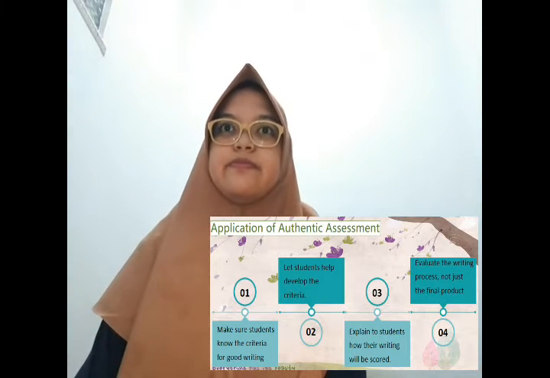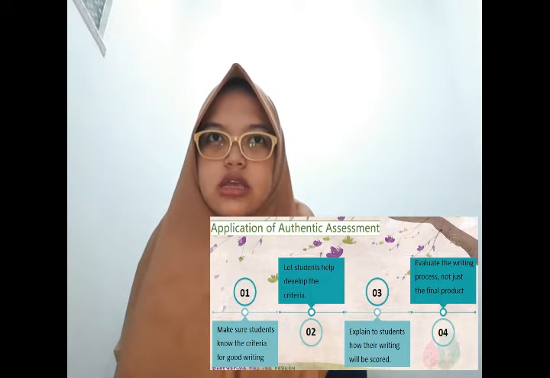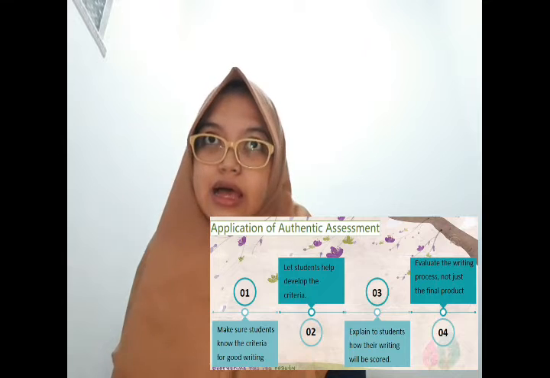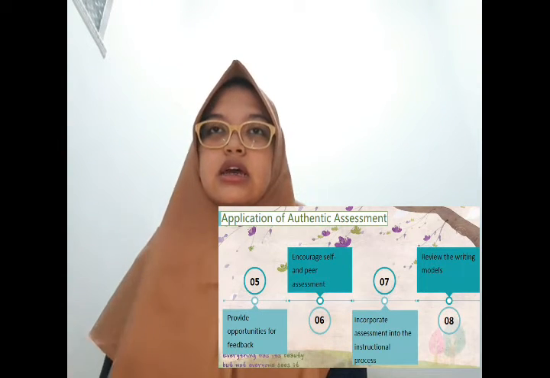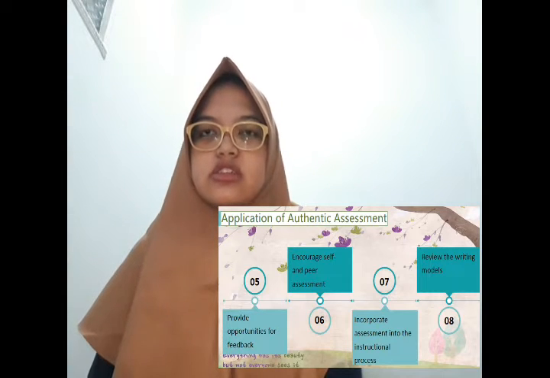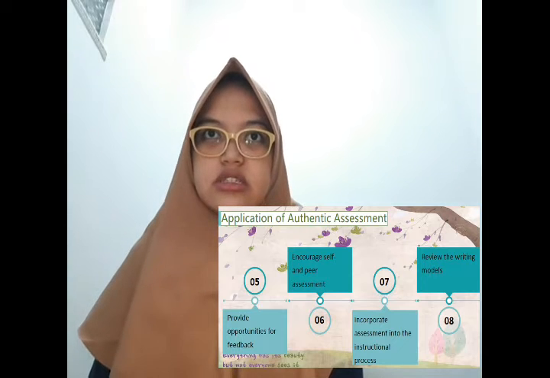Okay, so first, the application of authentic assessment. There are eight steps to apply the authentic assessment based on Curriculum 2013. The first is make sure students know the criteria for good writing.